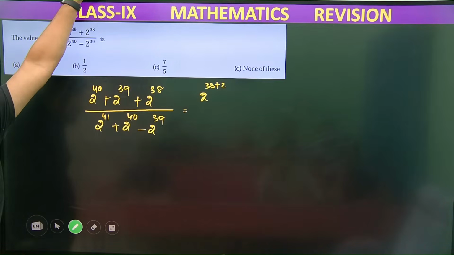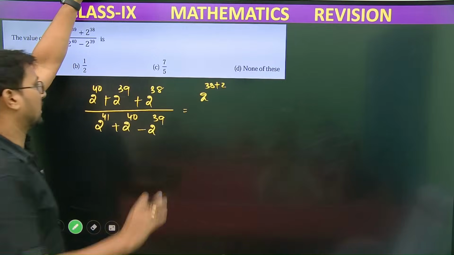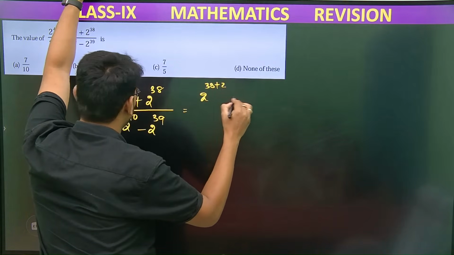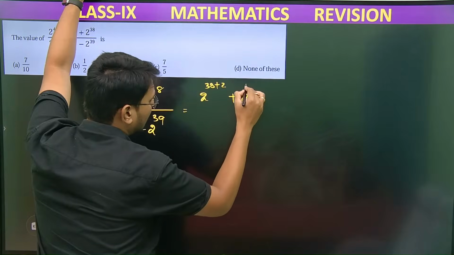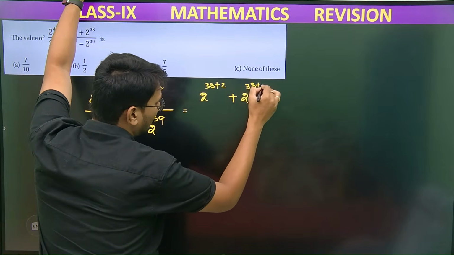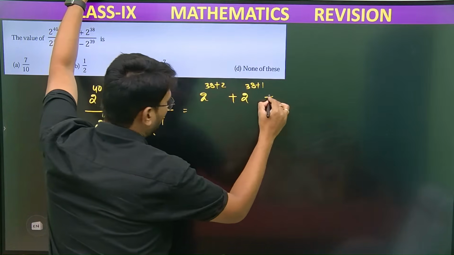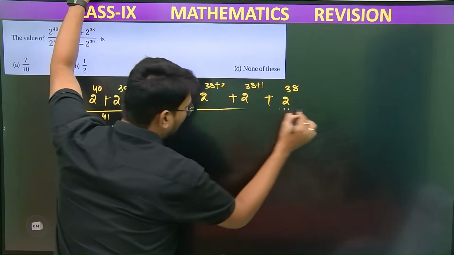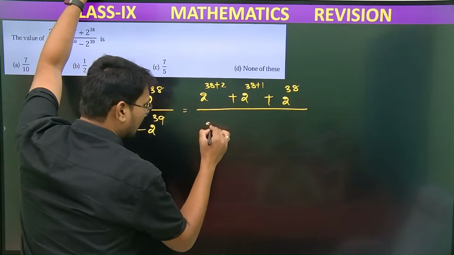Is it possible to write or not? Yes or no? Okay, I can write 2 to the power 39 as 2 to the power 38 plus 1, and plus 2 to the power 38 as it is. Clear? Whole divided by, where is the doubt you will tell me.